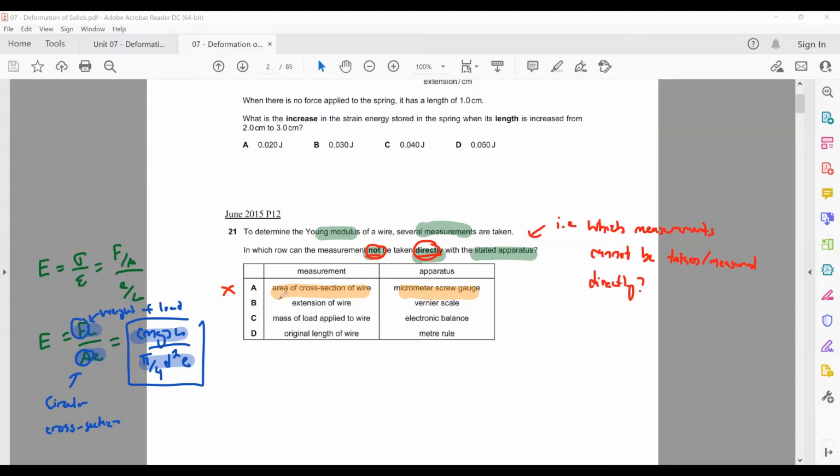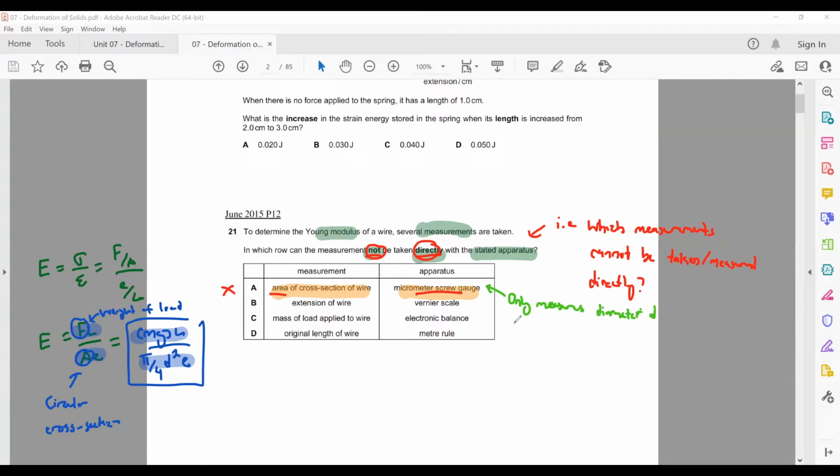If you're talking about area, your micrometer screw gauge doesn't give you the area straight. This one, sorry, I use a different color here. This one, micrometer screw gauge, only measures diameter.